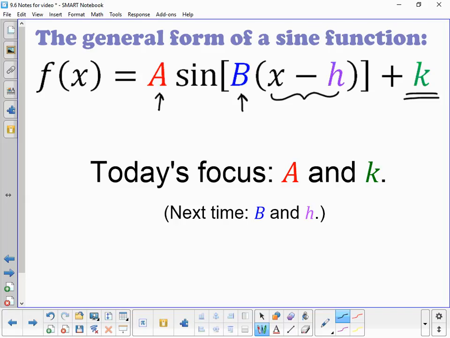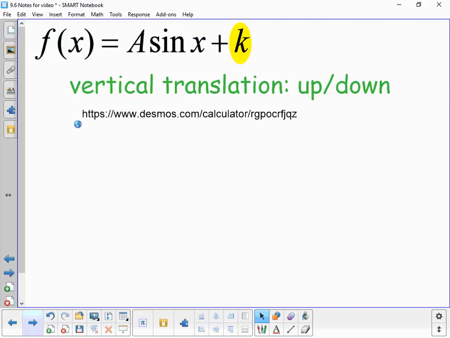Today we're really just going to focus on the a and the k. You've done a lot of transformations with other types of functions, so you may recognize what the a and the k do, but both a and k are dealing with a vertical change in our functions. So we're going to focus on the vertical changes today, and then next time we'll focus on the horizontal changes.